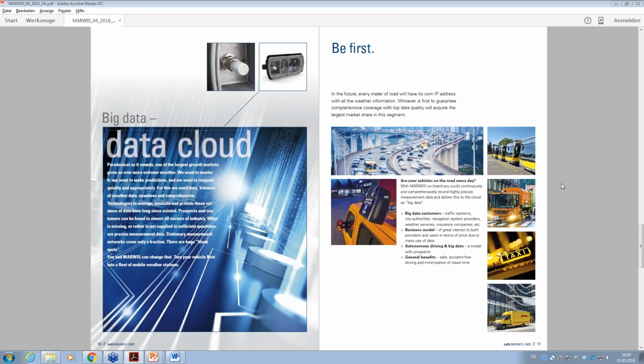So this is our future-oriented outlook: the one who starts selling big data to the industries first, to decision makers, to driverless car industries, will certainly have a quite interesting business model by using this mobile data in addition to fixed sites.